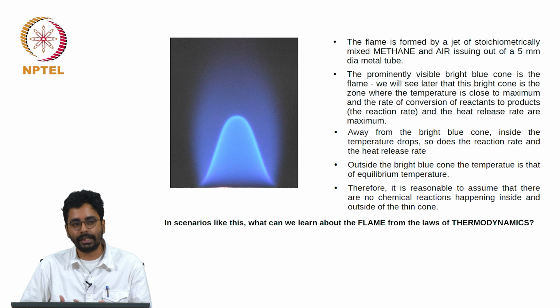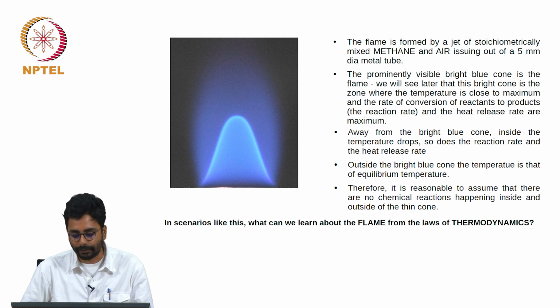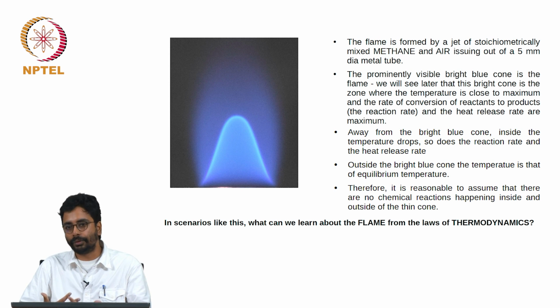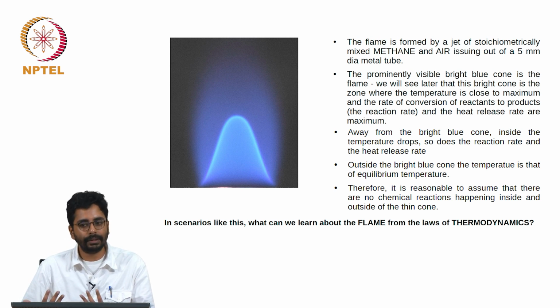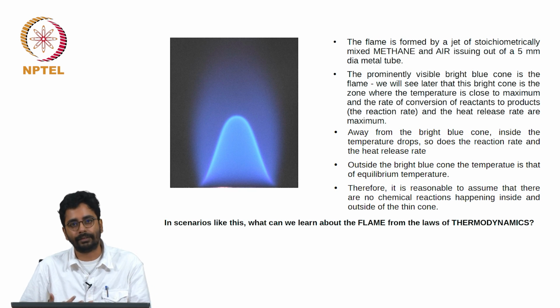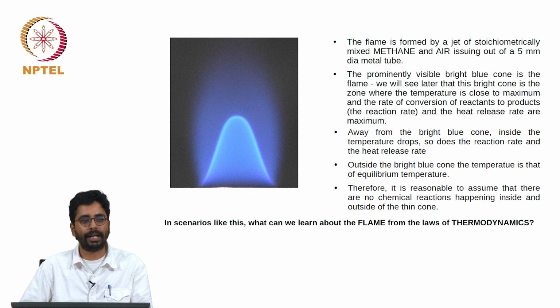So there are essentially no chemical reactions happening inside and outside of the thin cone. Of course, the accurate way of saying it is that outside of the cone you have a condition of equilibrium where the forward and backward reaction rates are exactly matched, but we will come to that later.